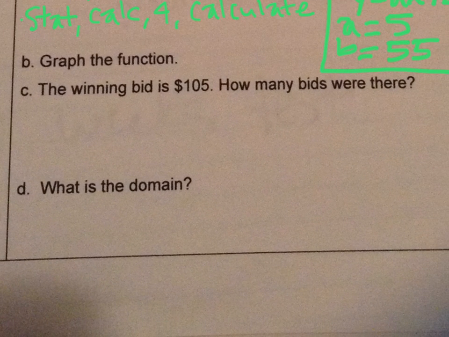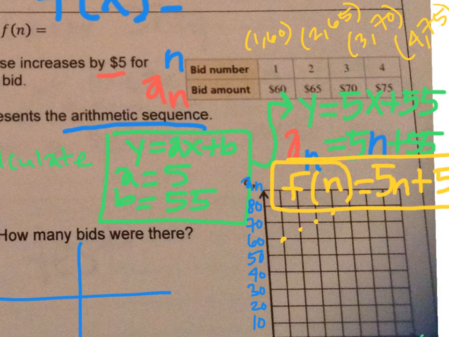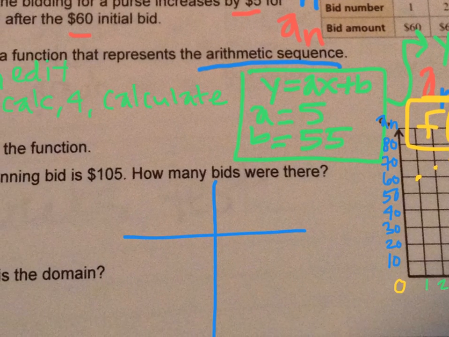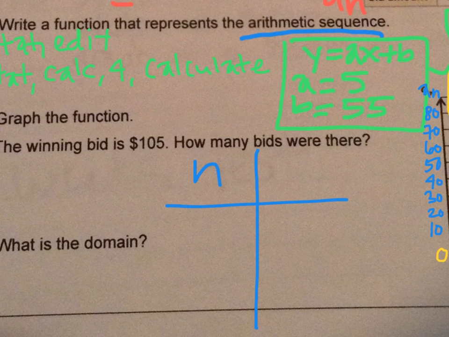Part C says the winning bid is $105. How many bids were there? Okay, remember, when in doubt, create a table. So, here's our table. It's directed a different way than the one that we were given. But remember, the top one, which is always X, is the bid number. In this case, it's N. And N is the bid number.